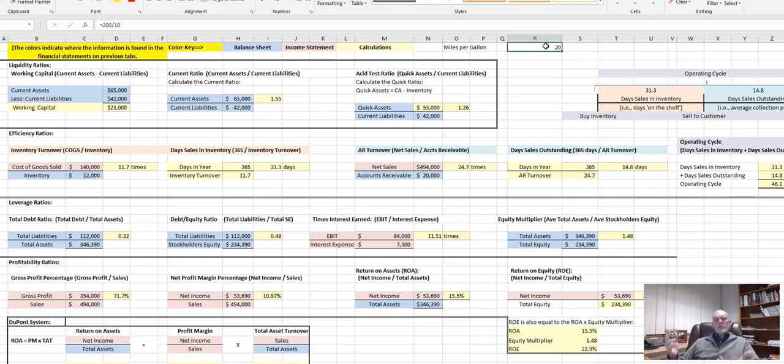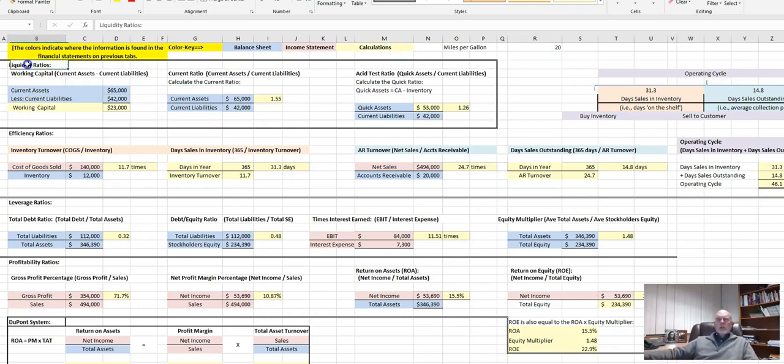So that's a relationship between the number of miles that we're driving and the number of gallons that we're using. Well, that's the idea as we look at financial ratios. We are looking at the relationship between items in the financial statements that give us insight into the financial performance and the financial position of a company.